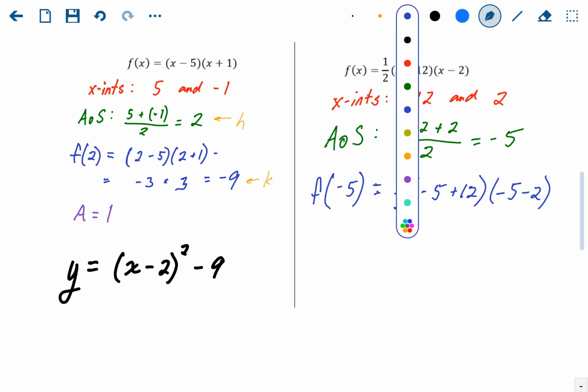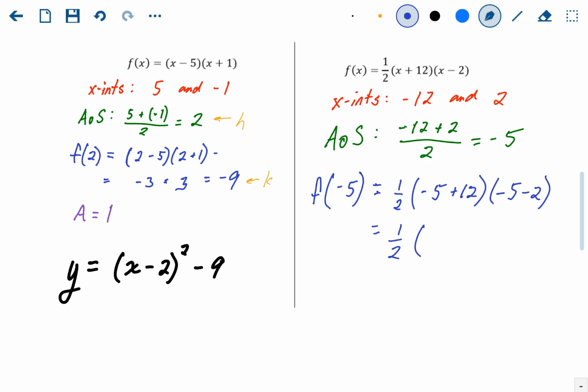Looks like this is going to be a fraction. So I got 1/2 times 7 times negative 7, which is going to give you negative 49 divided by 2. All right, so that's your k value.